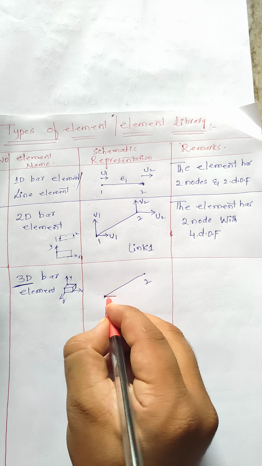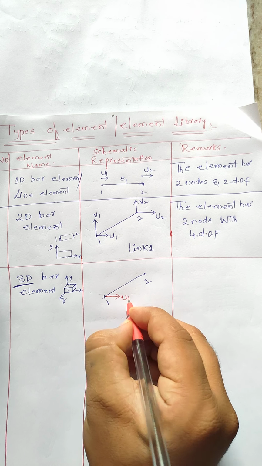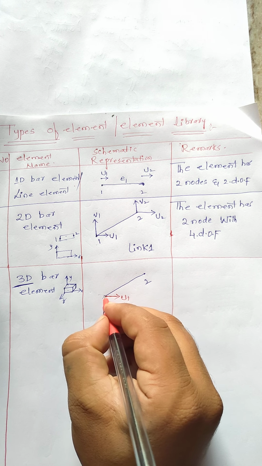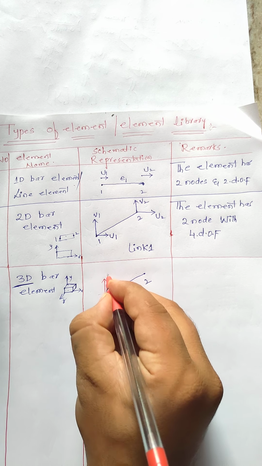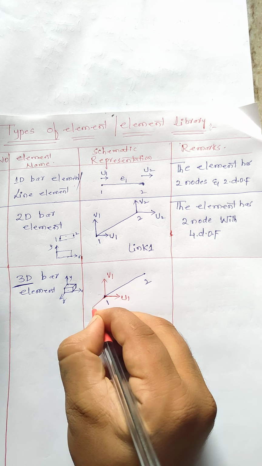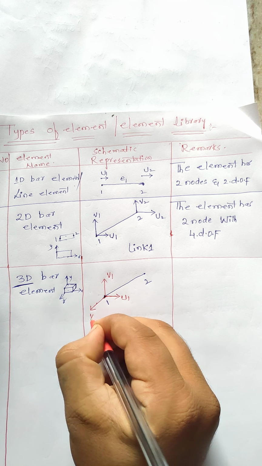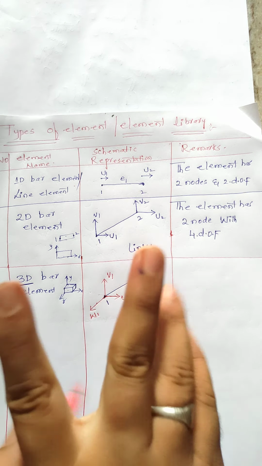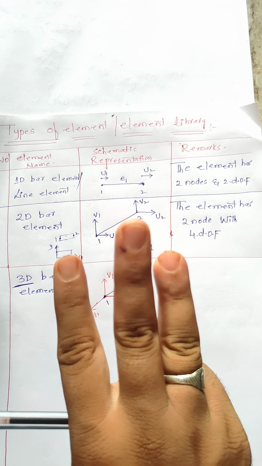The displacement in the x direction is u1, in the y direction is represented as v1, and in the z direction is represented by w1. At node 1, 3 degrees of freedom are acting.